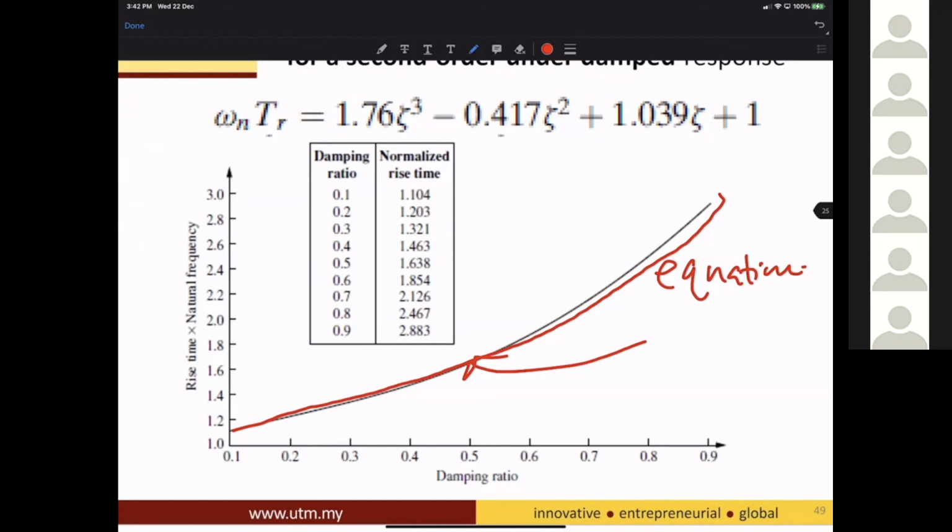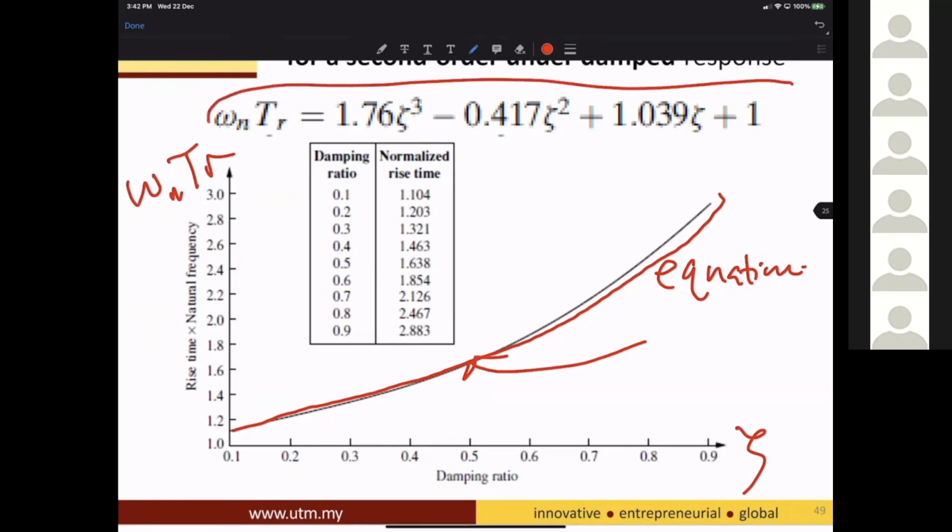Henrietta, what is the equation of this curve? Is it the equation at the top of the screen, Doctor? 1.76. Yes, this is the equation.